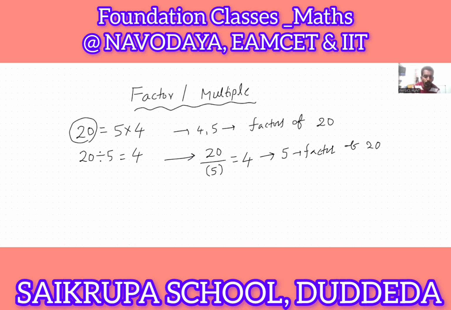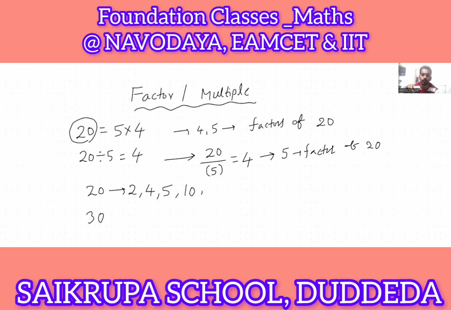And for any two numbers, like one is 20, one is 30. Now for 20, 2 is one factor, 2 into 10. 3 is not a factor because 3 into something is not equal to 20. 4 is a factor because 4 into 5 is 20. 5 is a factor because 5 into 4 is 20. 6, 7, 8, 9 are not factors. 10 is a factor because 10 into 2 is 20.